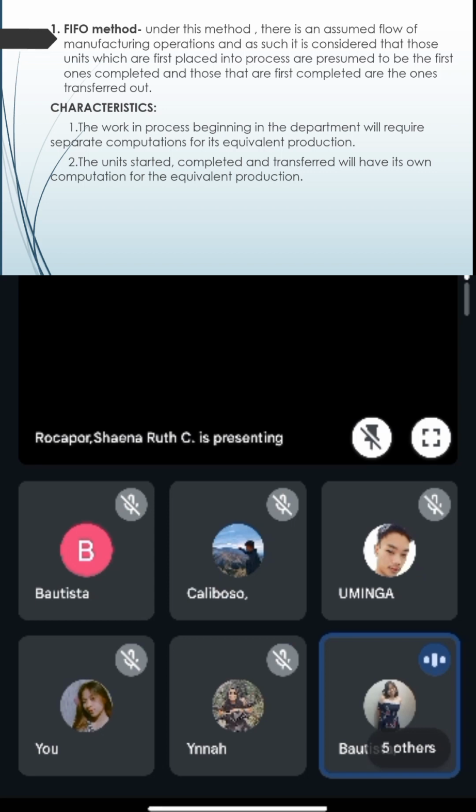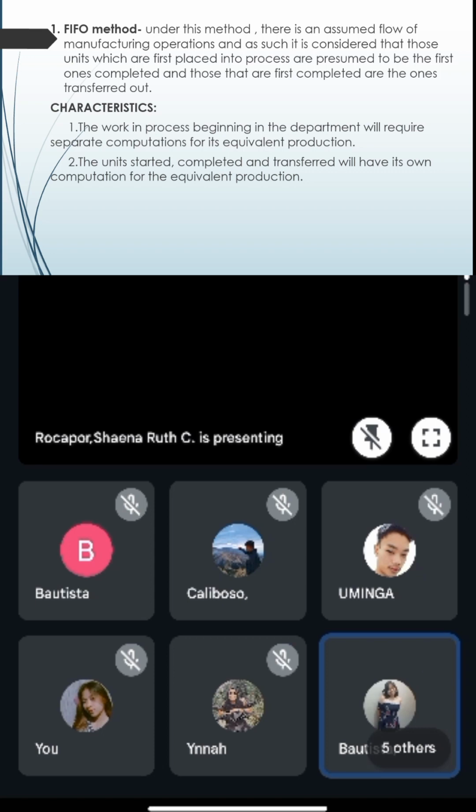The FIFO method assumes that inventory purchased or manufactured first is sold first, and that the newest inventory remains unsold. So, the cost of the older inventory is assigned to the cost of goods sold, and the cost of the newer inventory is assigned to ending inventory.